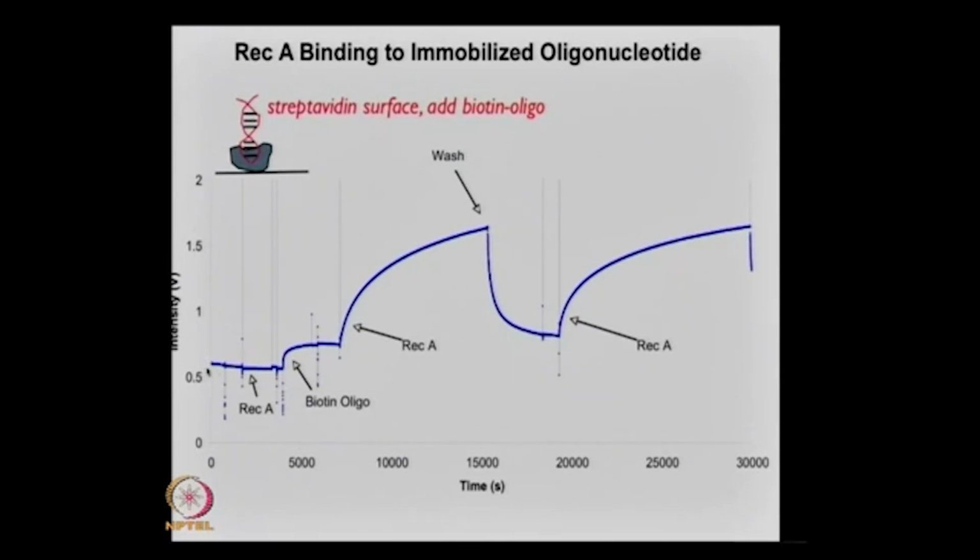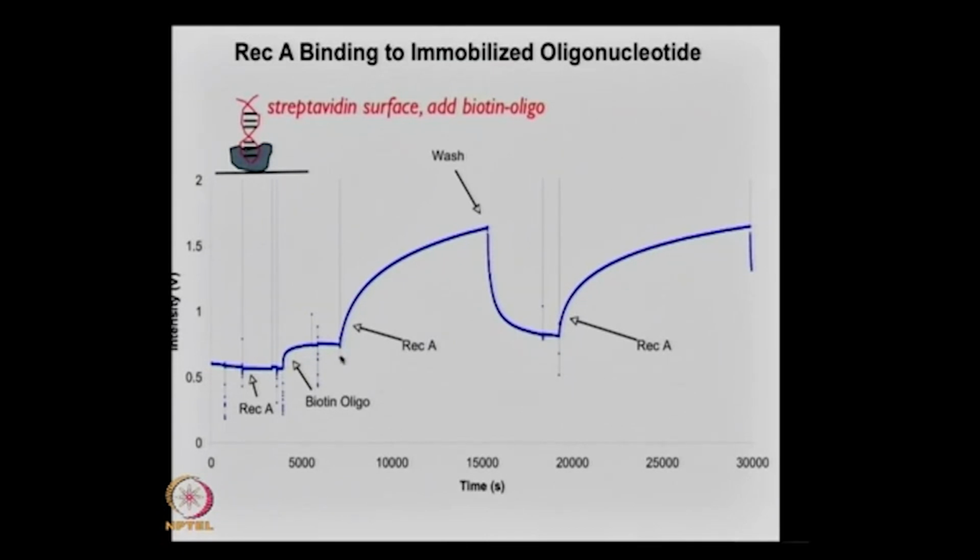So we start with a substrate that has only streptavidin, and when you introduce Rec-A to that sample cell, nothing happens. Rec-A doesn't bind. So at this point here, we introduce a biotinylated oligo, and that binds to the streptavidin, and you get a little blip in signal.